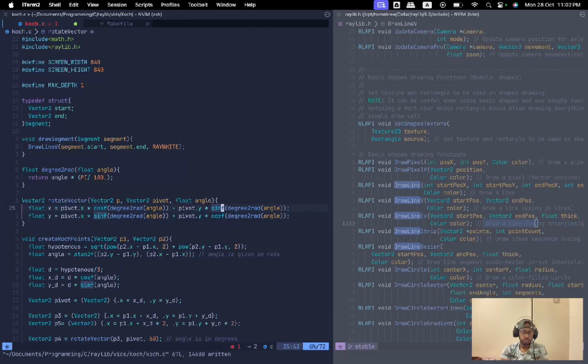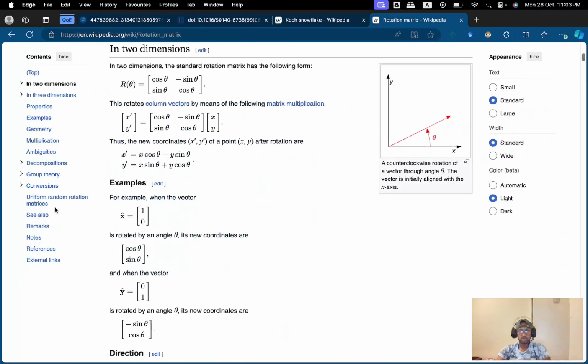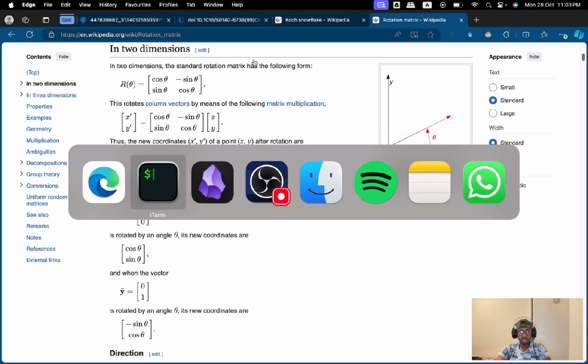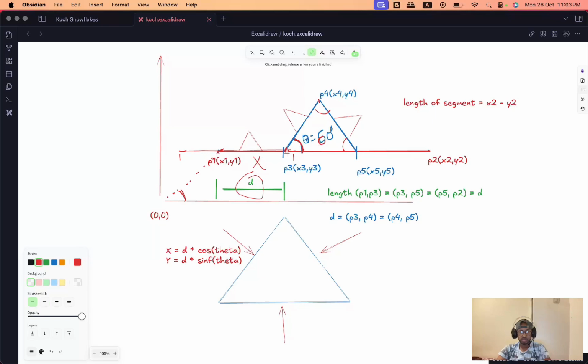Okay, so we have rotated this pivot, but now we need to add that rotated pivot to P3. So what we do is we'll be extending it. I rotated this vector, this G, by some 60 degrees, and I shifted it. So the origin will be P3.